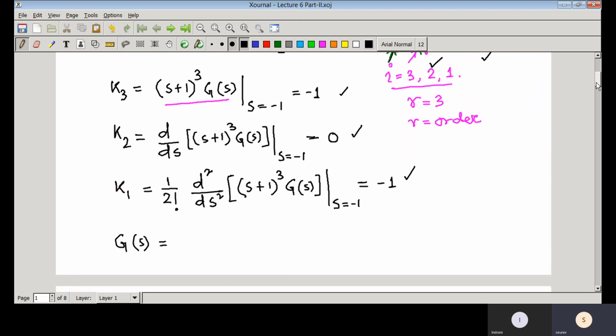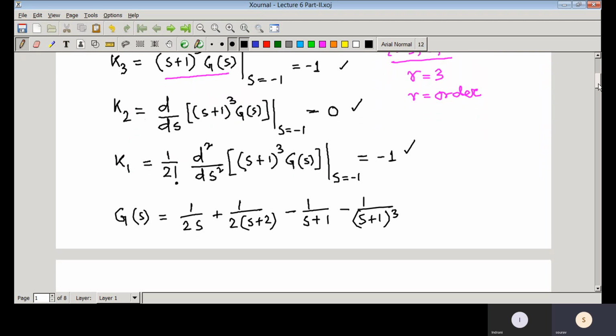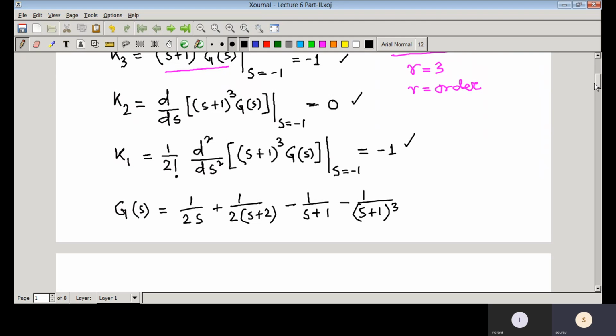So let us write, that is 1 by 2s, then 1 by 2 into s plus 2, and then minus 1 by s plus 1, and minus 1 by s plus 1 whole cube. We are just replacing the coefficients. So whenever GS is given, we can write it in fractional form.